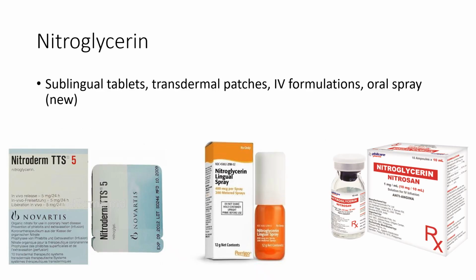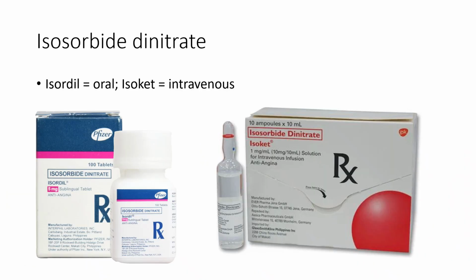Nitrates come in several forms, the first of which is nitroglycerin. This is available as sublingual tablets, commonly as transdermal patches, and IV formulations. A newer form is in the oral spray, which can be easily administered to the patient. Next, we have your isosorbide dinitrate.